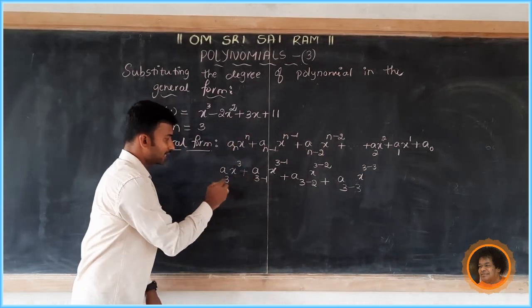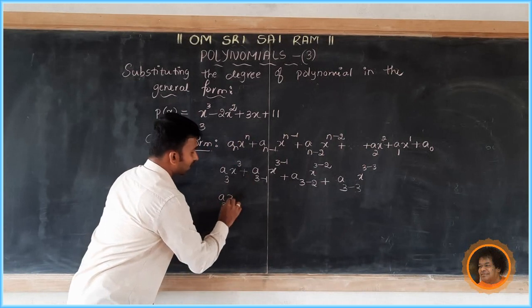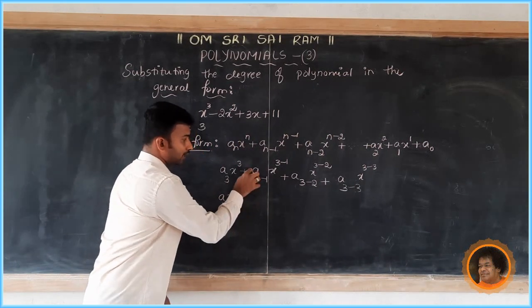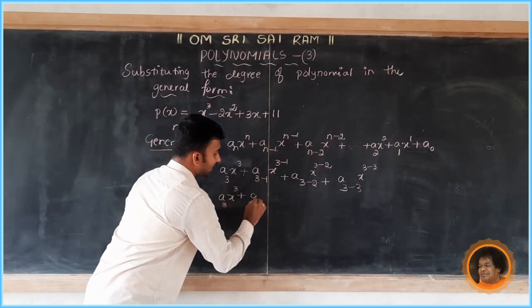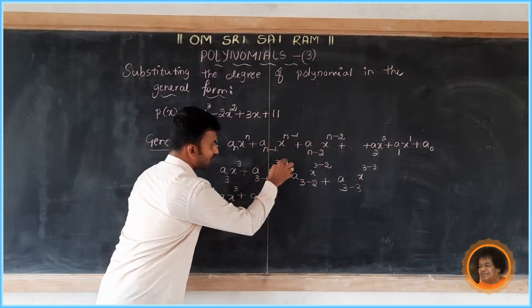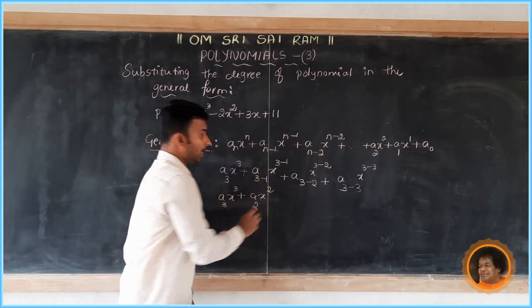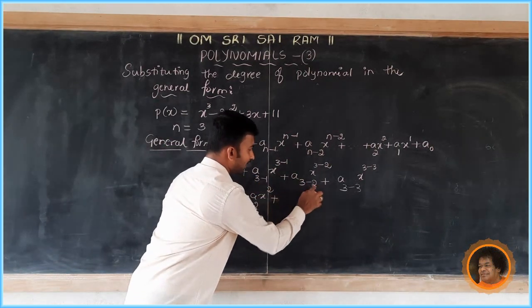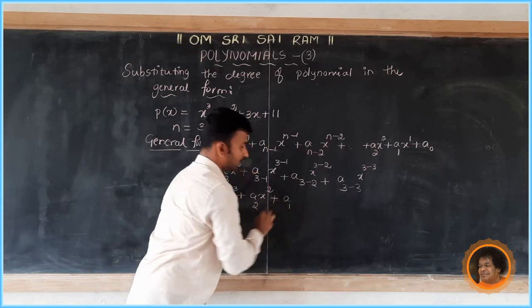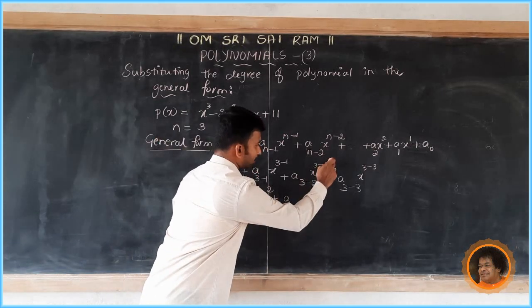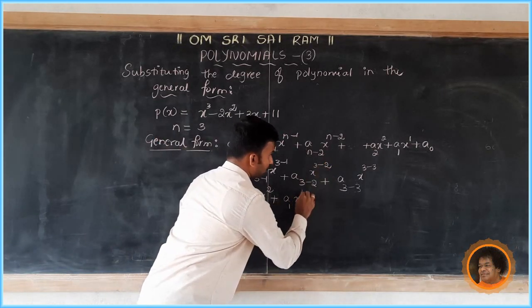Next step, a3 x power 3. a3 minus 1 is a2, and x power 3 minus 1 is also 2. Plus a3 minus 2, that is a1, and x power 3 minus 2, x power 1.